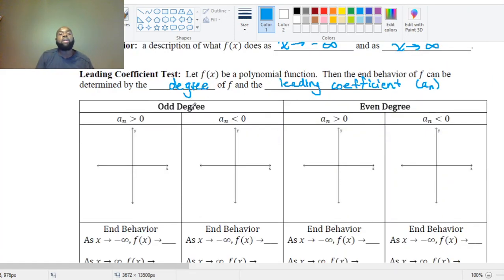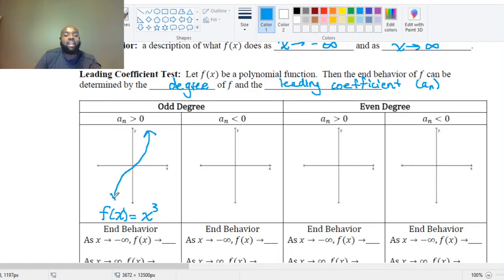So let's talk about when our polynomial has an odd degree, right? When our leading coefficient is greater than 0, that means positive, our end behavior is going to look very similar to our parent function, which is f of x equals x cubed. The graph of that function, oh Lord, that's a bad graph. I'm so sorry. All right, I'm going to try to draw a better graph.